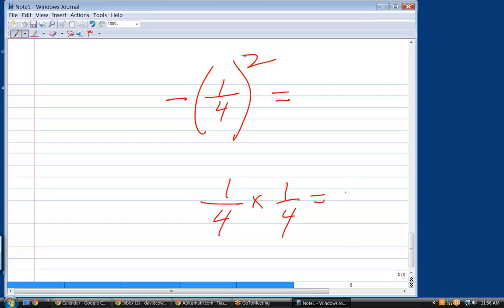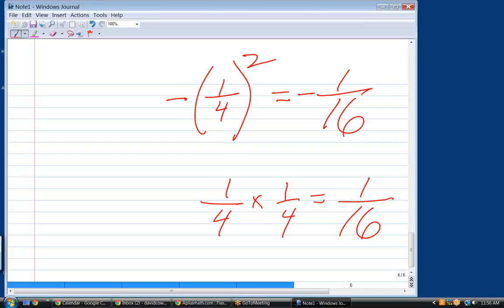Oh man, I'm having a bad day. That's all right. Remember that multiplication and division is easier than addition and subtraction, because all you have to do is multiply numerators and multiply denominators. What's 1 times 1? 16. Exactly. And then the minus sign still comes along because we weren't squaring minus 1/4. We were squaring 1/4.